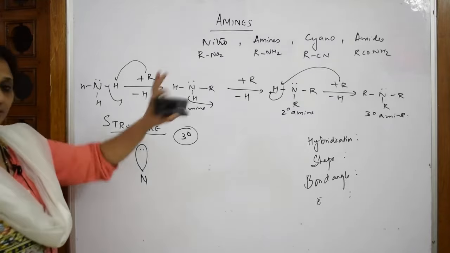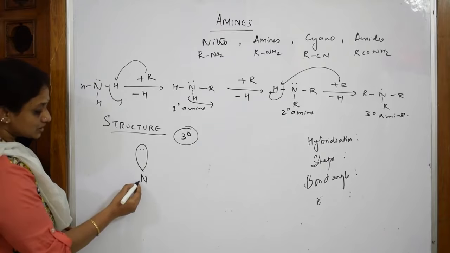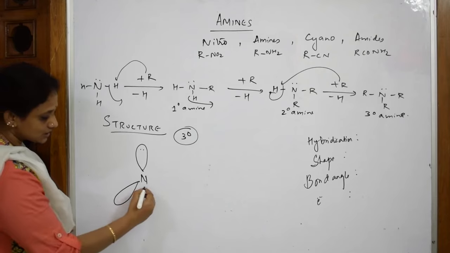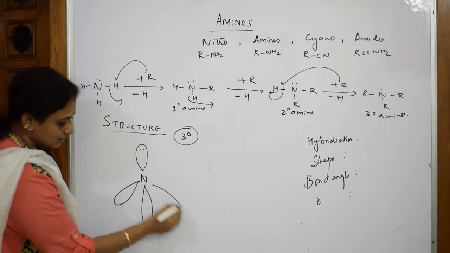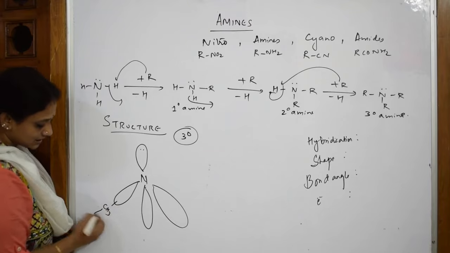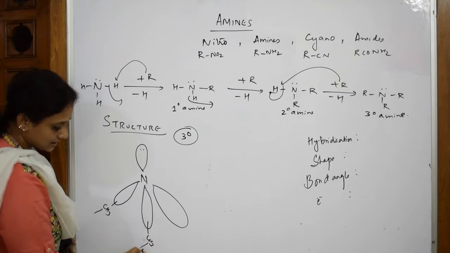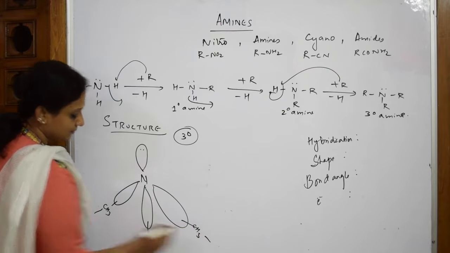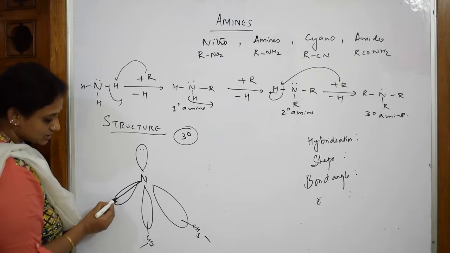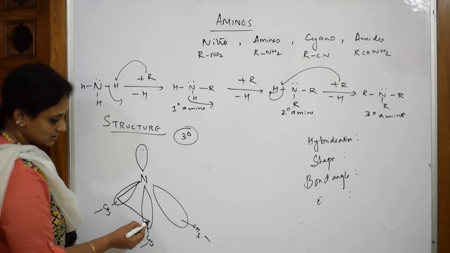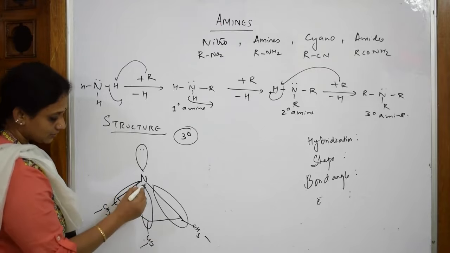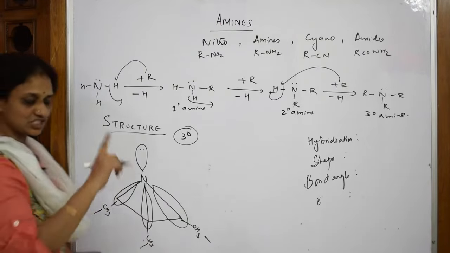To this nitrogen, 3 methyl groups are linked: your CH3, your CH3, your CH3. From this nitrogen, just 1 bond to each. So what is the shape you have got?